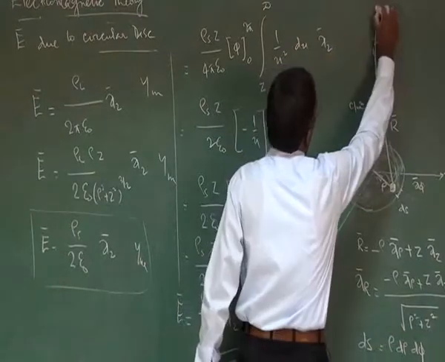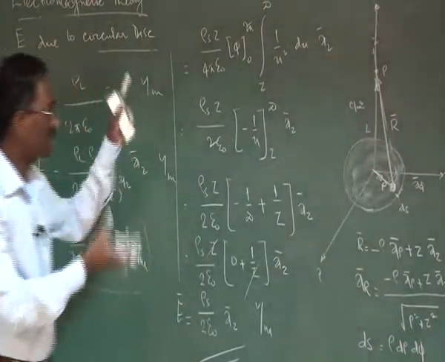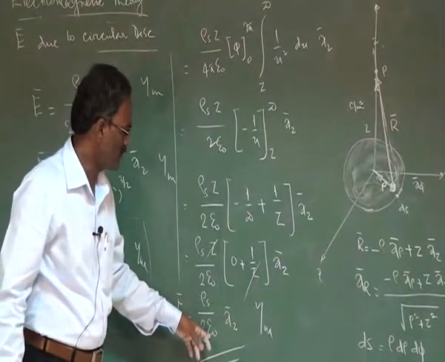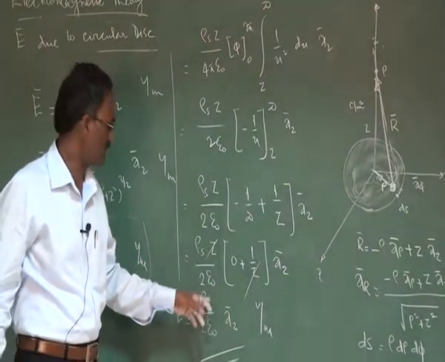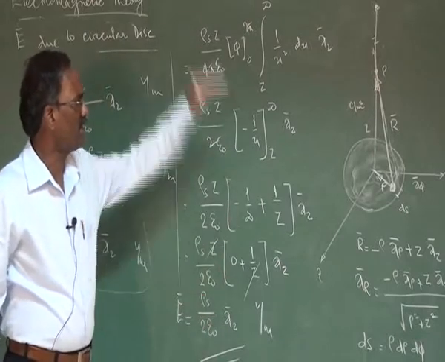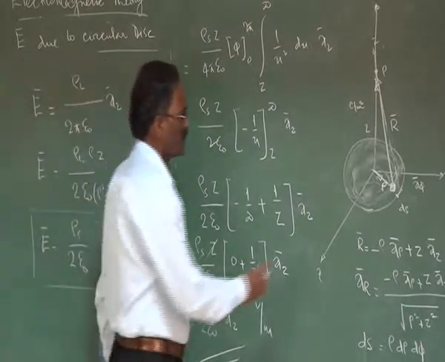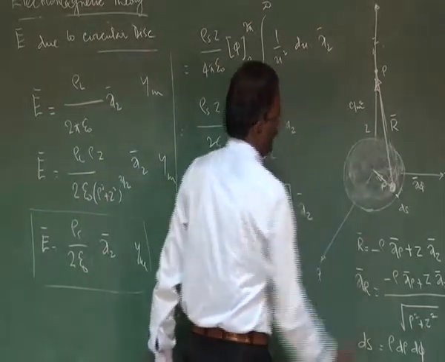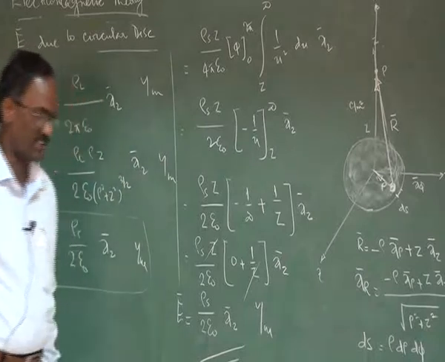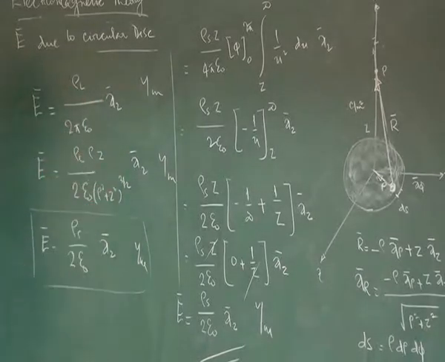If I take this point here, this distance doesn't reflect in my final result. It is rho s divided by 2 epsilon O only. Epsilon O is a constant, rho s is also a constant surface charge density. So anywhere you can take the point, the surface charge density gives the E value, right. But it should be in normal direction. The point is it should be in normal direction.